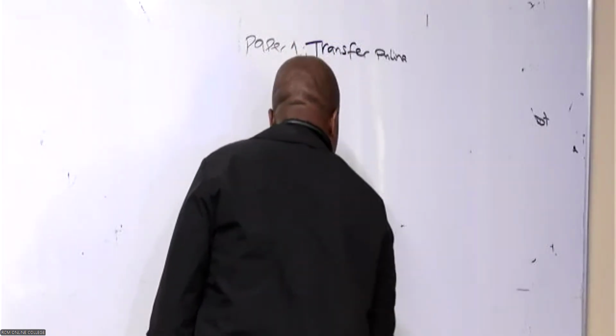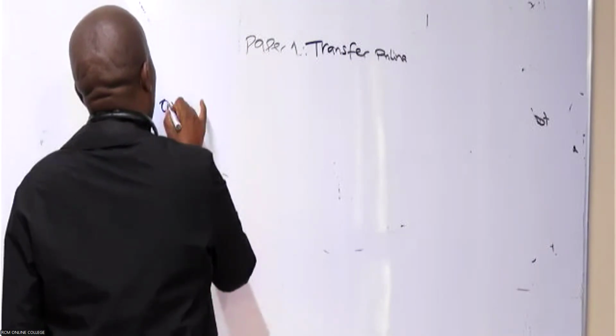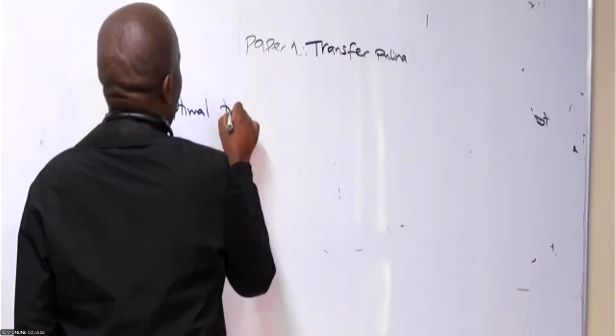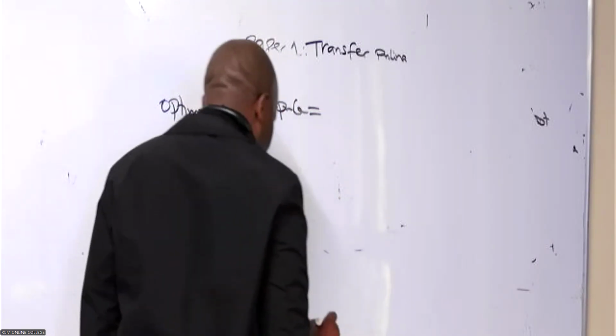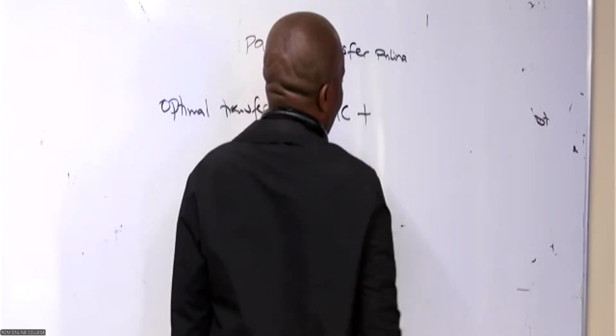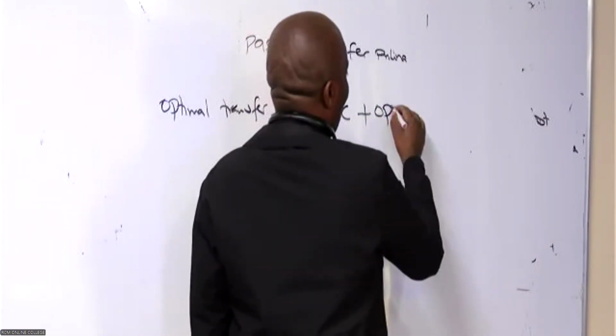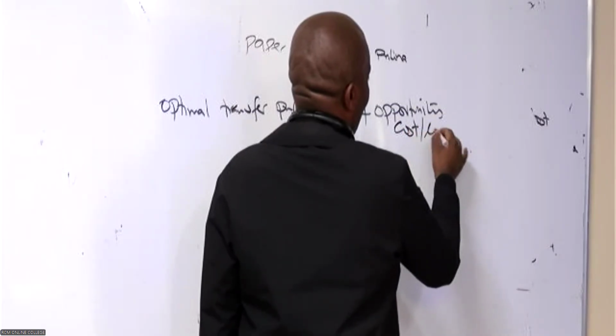If you don't ever want to get this wrong, always remember that our optimal transfer price equals the marginal cost plus any opportunity cost, or opportunity to be lost.